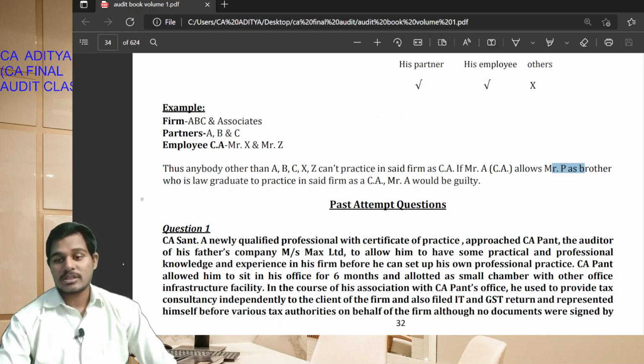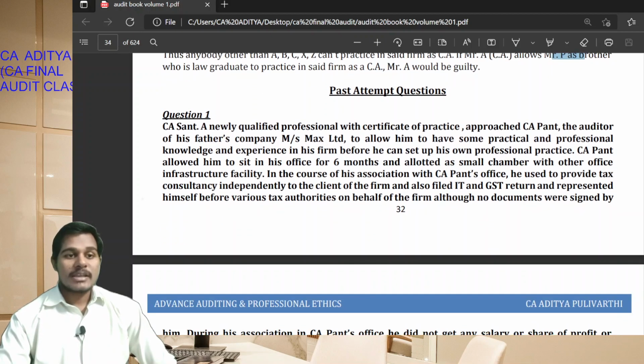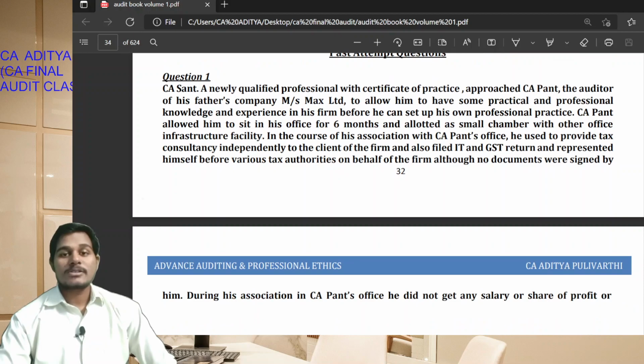Okay, students, let's see the question. CA Sant, a newly qualified chartered accountant with a certificate of practice, approached CA Pant, the auditor of his father's company, Mrs. Max Limited, to allow him to have some practice and professional knowledge and experience in his firm before he can set up his own practice.